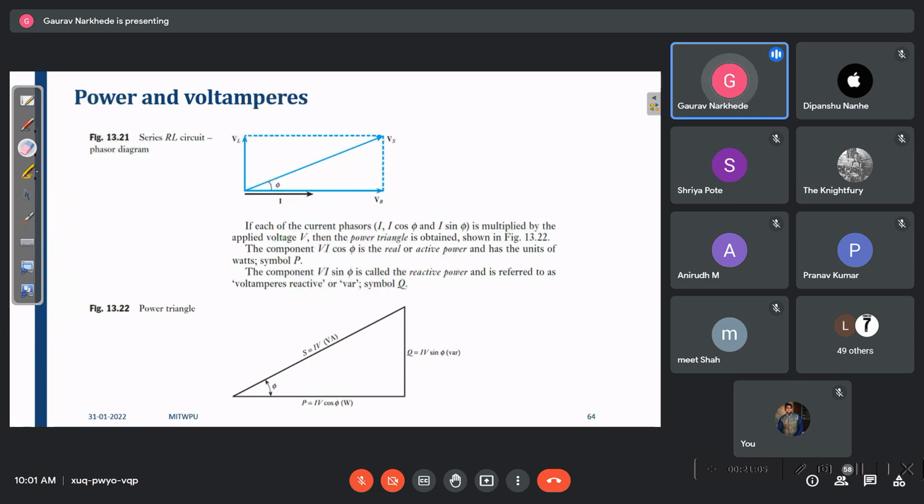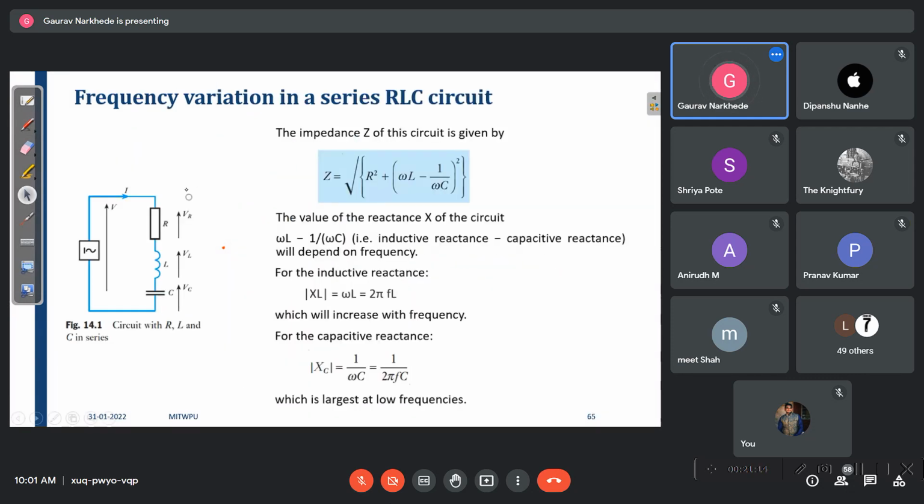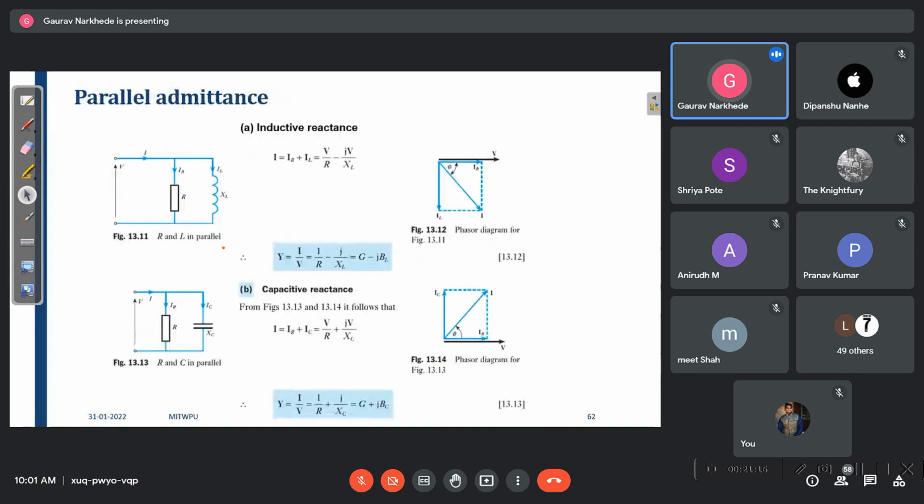And there is one more slide which you will not understand, and that is your previous slide, the parallel admittance. What does parallel admittance mean? Listen, it is very simple. The j terms are not in your syllabus, but only in this slide they have introduced them. If R and XL are in parallel, can you find the admittance?